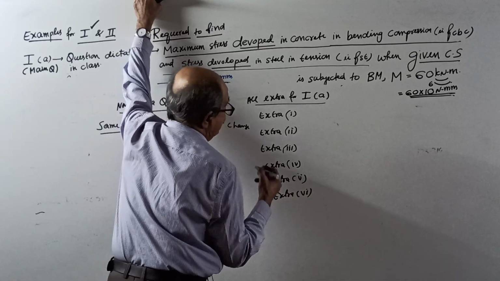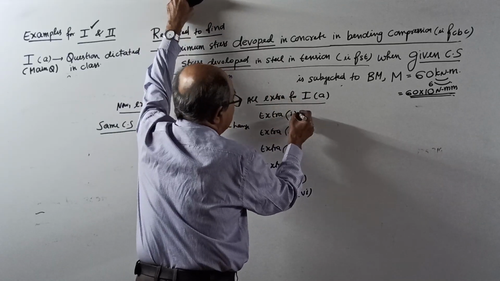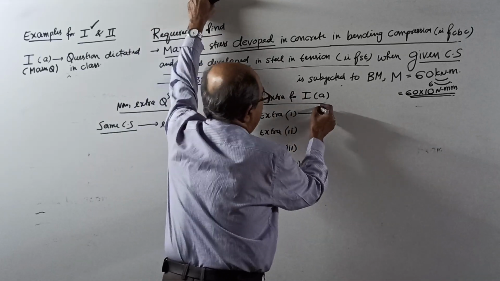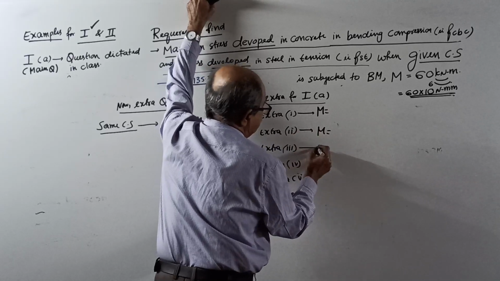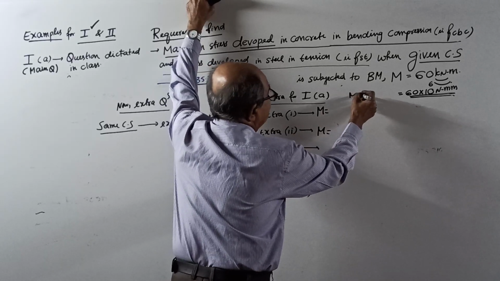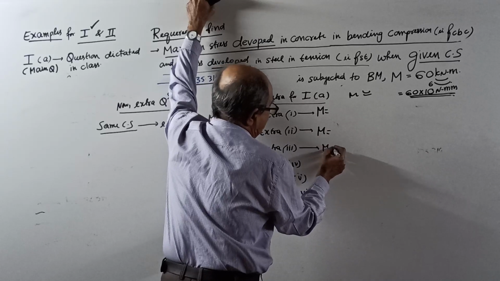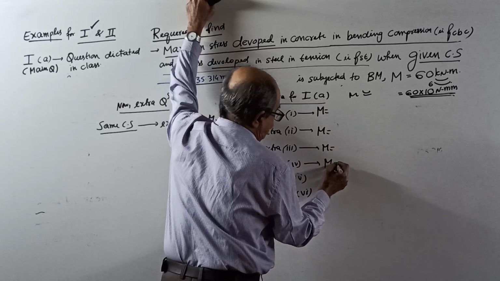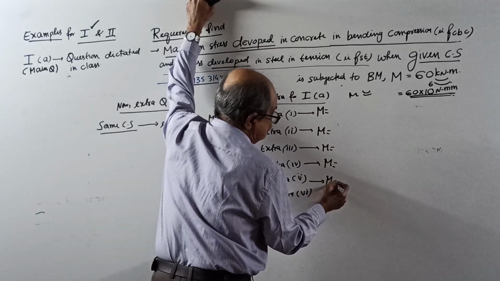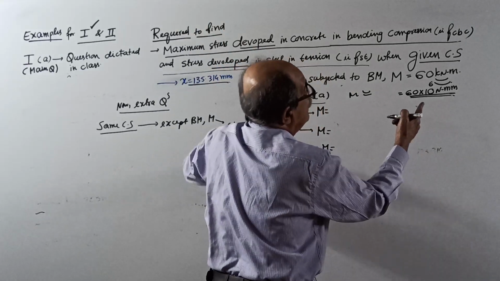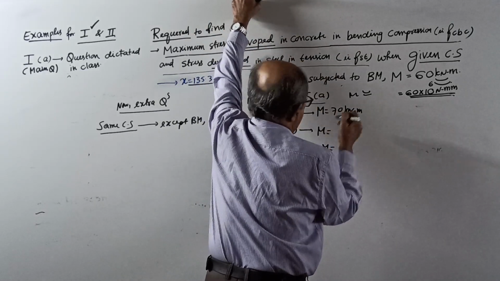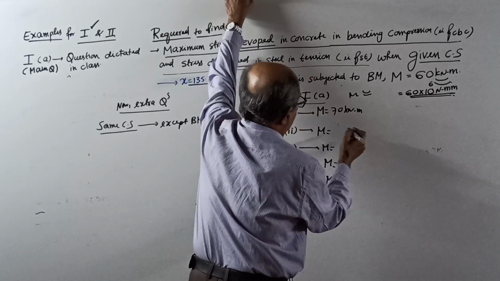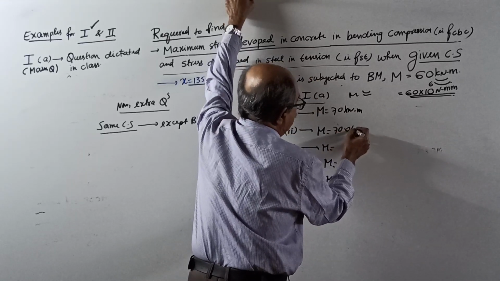Now, extra 1: you take M equal to 70 kilonewton meter, sagging everywhere. Next question, I will give hogging, M in kilonewton meter. Extra 2 is for M equal to 70.046.